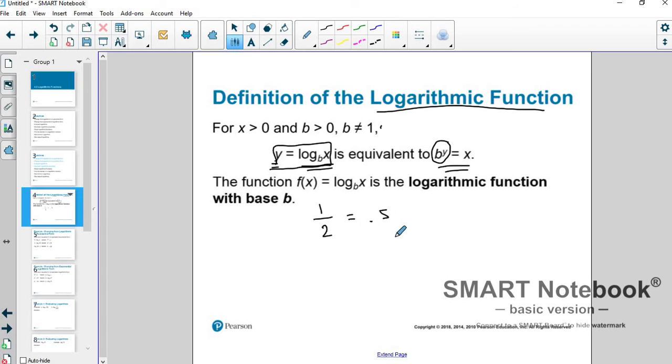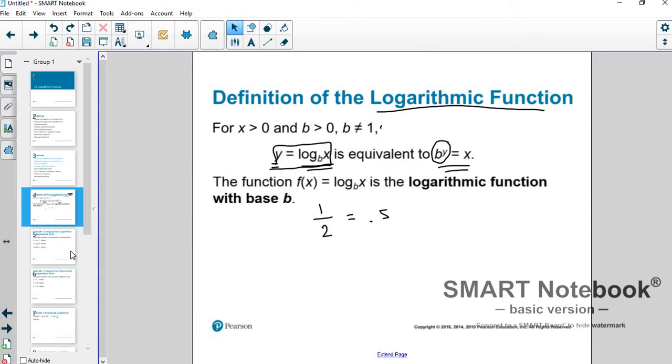Those are two different expressions for the same number. These are two different expressions for the same functional relationship. And so we need to be able to handle that by understanding where each of these variables, y and x, and where the base b happens to belong in each expression. Okay? So let's take a look here.